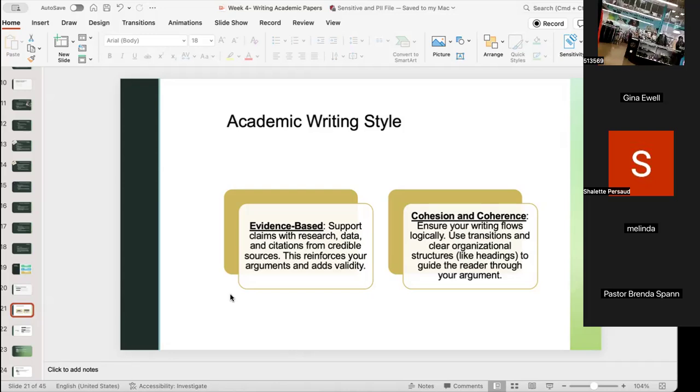So transitions tend to make your writing more cohesive, and it makes more sense. It's almost like taking steps.